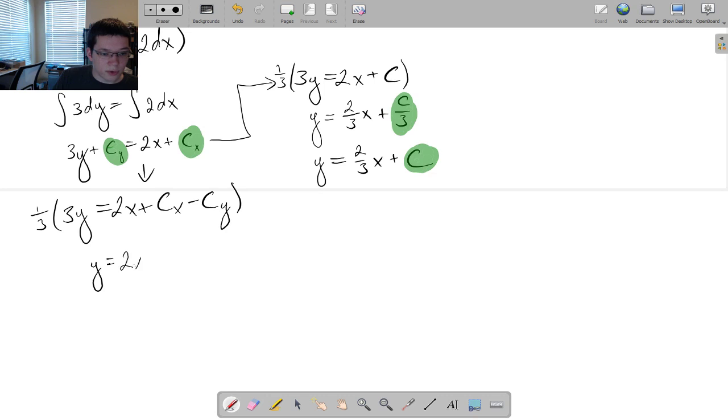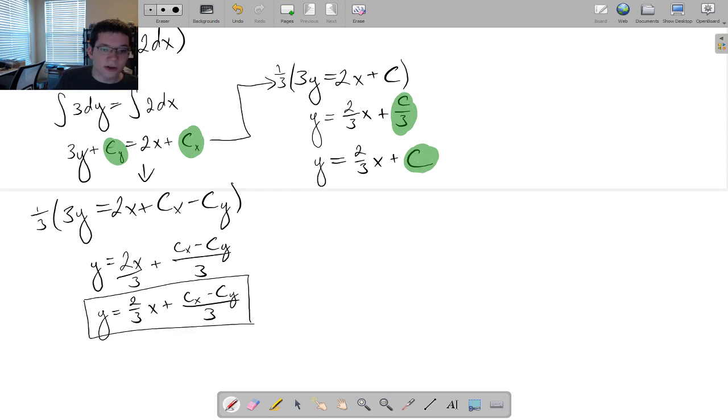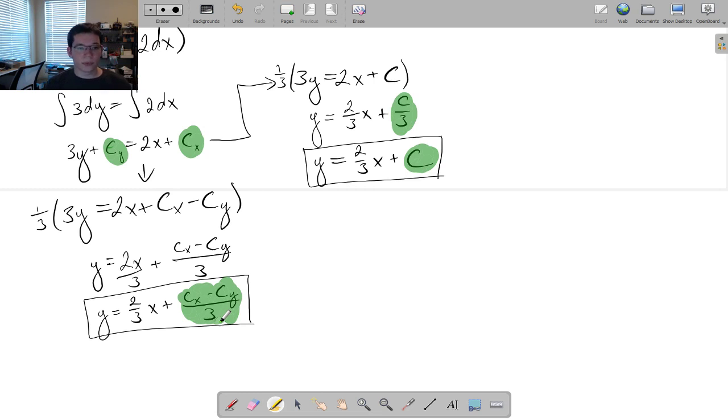Y equals 2x over 3 plus cx minus cy over 3. And that would have been my answer if I wasn't comfortable combining all of the c's. Those are all equivalent quantities in the green.